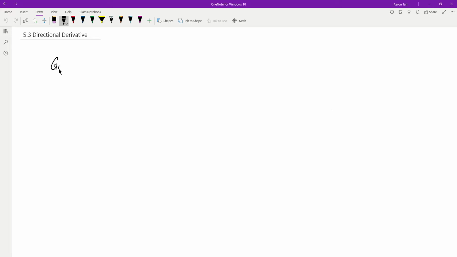Let's say given a function f that maps from Rn to R1. We know that this function f has n partial derivatives.